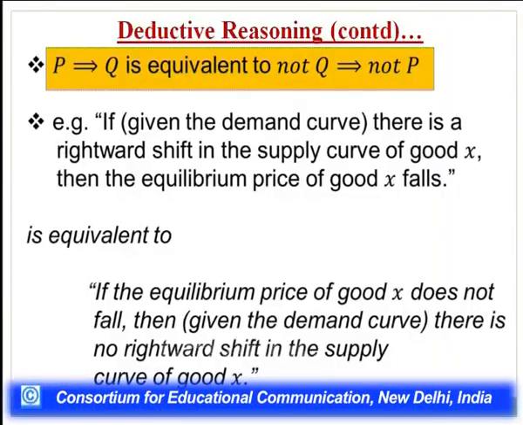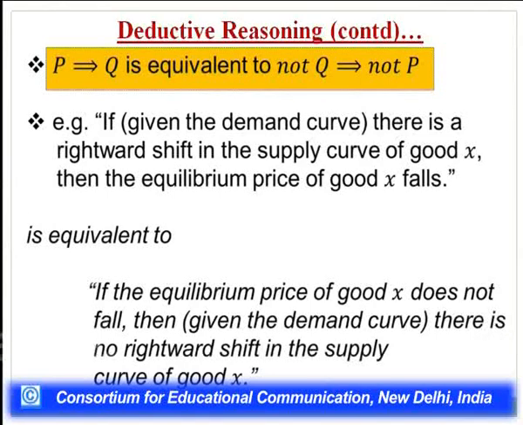Welcome back, viewers. Before the break, we had established the result that P implies Q is equivalent to not Q implies not P. Let us look at an example for this. Suppose my statement is: if, given the demand curve, there is a rightward shift in the supply curve of good X, then the equilibrium price of good X falls. I can break this up into two propositions.